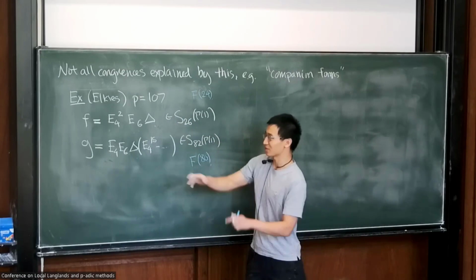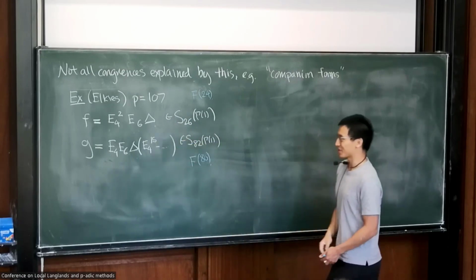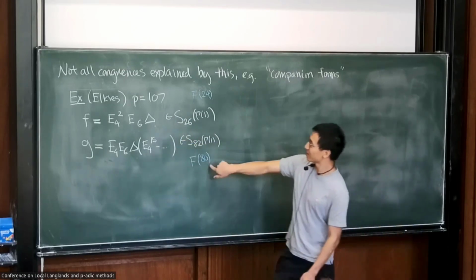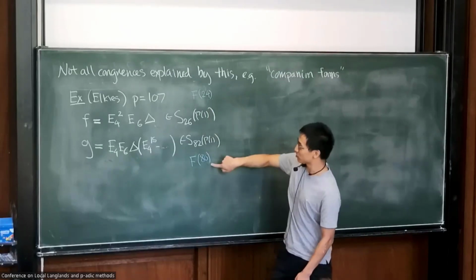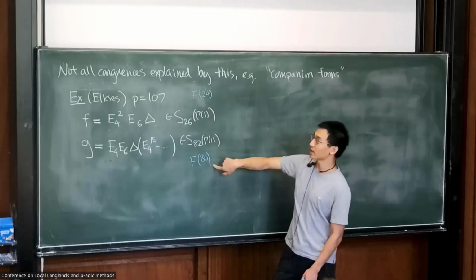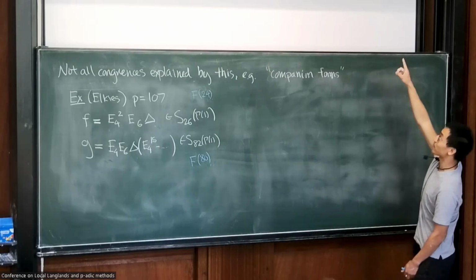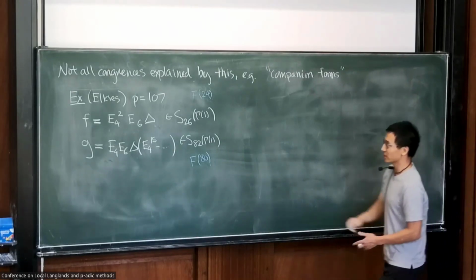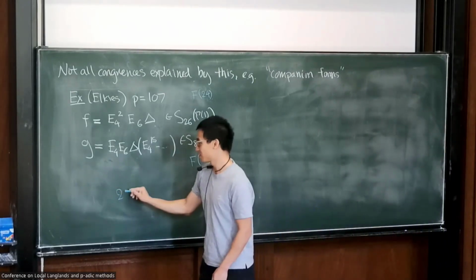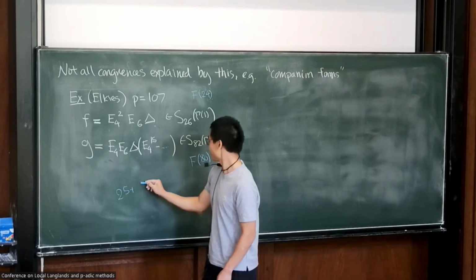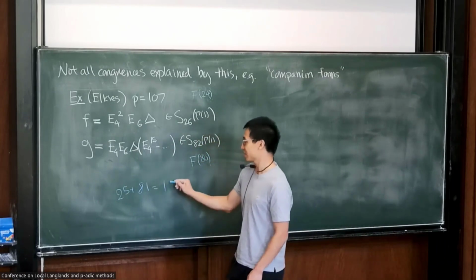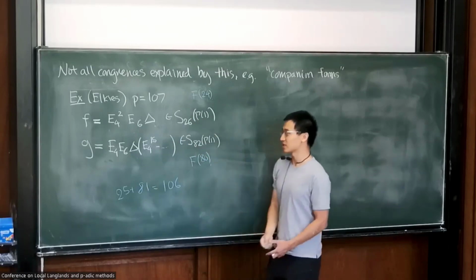It has to be twisted a little bit, so I haven't written down exactly what it is, but it's coming from two different irreducible representations. So there's no way it could be explained by that same kind of simple consideration. This thing is only possible because 25 plus 81 is 106, which happens to be one less than this prime.